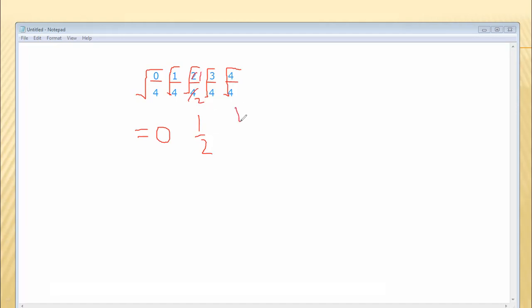Square root of 1 is 1, divided by square root of 2 remains as it is. Okay. Similarly, the third one, square root of 3 remains as it is, root 3, divided by square root of 4, it is 2. And the last one, square root of 4 by 4, it is 1 only. And square root of 1 is 1.